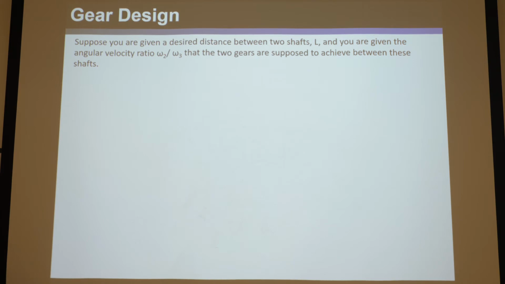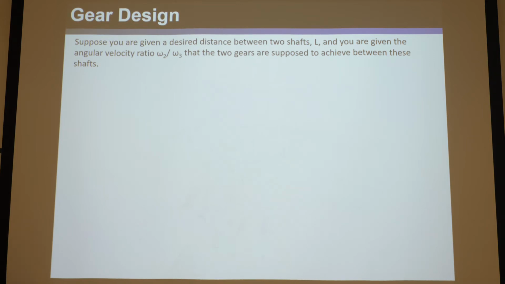So now, how do you design gears? What if I literally said, "Go design me a gear"? The two things I would give you: I would say what's the distance between the two shafts, the centers of the gears, and I'd say I want that to be L, and I'd give you, of course, the velocity ratio, omega-2 to omega-3, or omega-3 to omega-2. It doesn't matter.